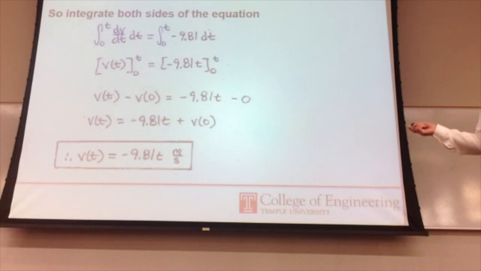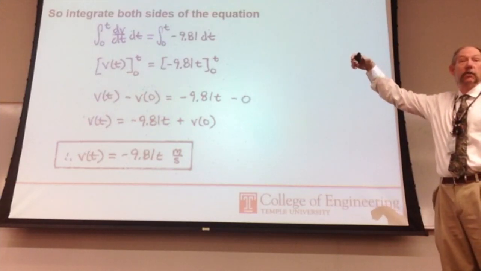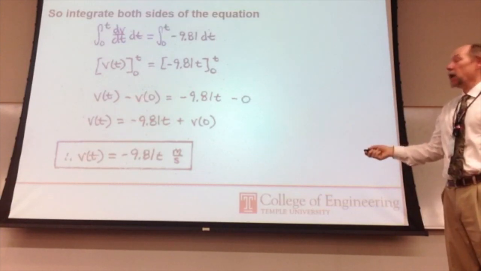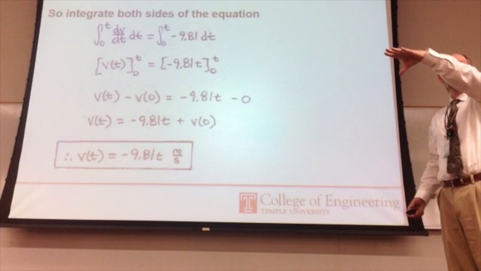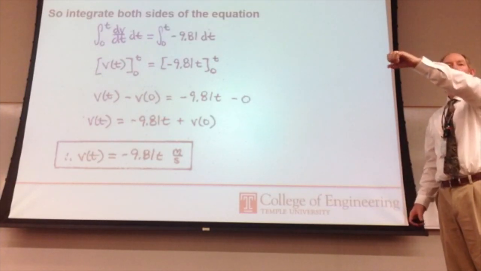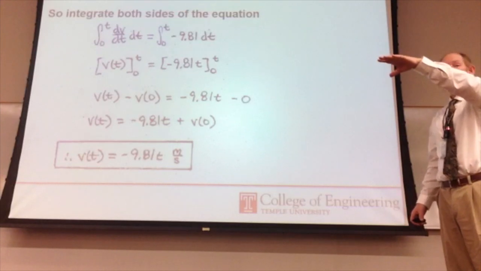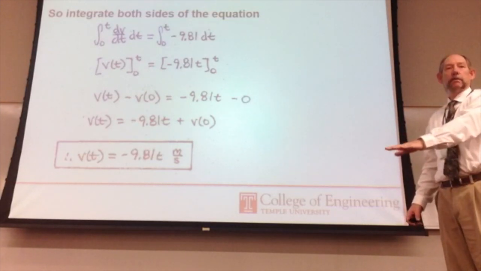Not necessarily. In this case, we were told that it's dropped from a certain point. So you can assume that if it's dropped, it's starting at an initial velocity of 0, right? Because you're holding it, and when you let it go, at that instantaneous moment in time the ball has zero velocity right as you drop it, and then it picks up speed.